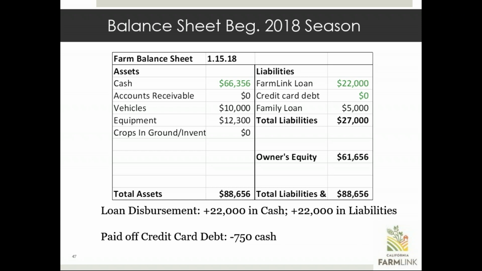And as an organic producer, I think in the area of record keeping, you really have a leg up. All the records that you're keeping for purposes of your certification also represent revenue and expenses.